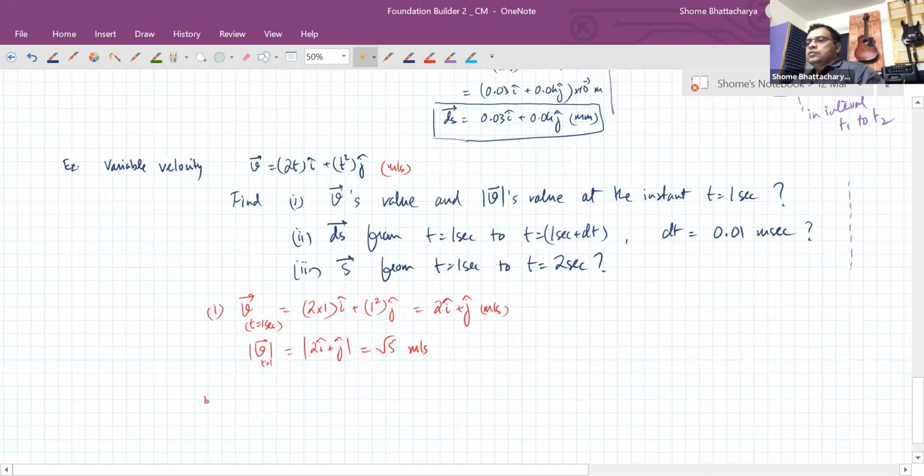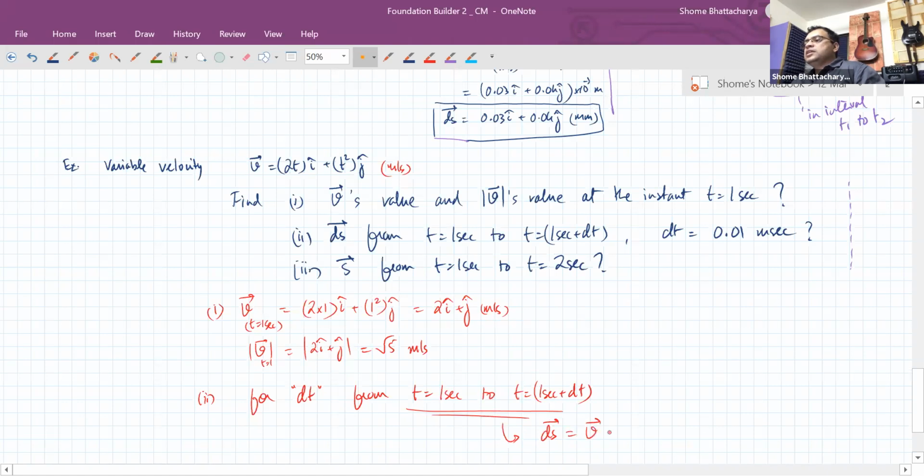So now for the small interval of time dt from t equal to 1 second to t equal to 1 second plus dt, for this interval, the differential displacement will be instantaneous velocity multiplied by differential time.